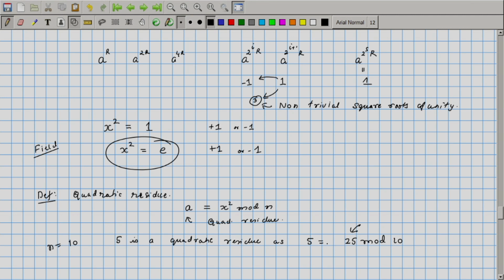It so happens that it is a square of 5 itself, but let us say if we had taken n equals 9, in that case we can say that 7 equals 25 mod 9, therefore 7 is a quadratic residue.